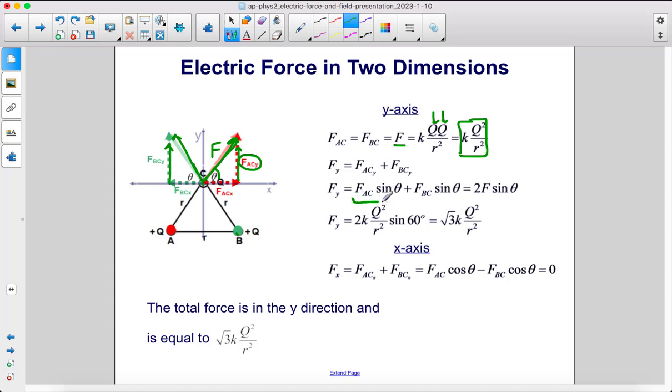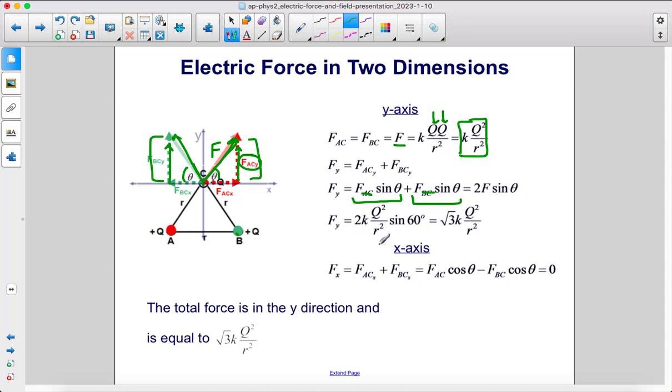So this piece right here is going to be the length of this vector. We do the same thing for the other force. So F_BC is the hypotenuse here times sine of this angle, which gives us F_BCy right there. And these are both just F. We can eliminate these subscripts, and we see we have F sine theta plus F sine theta. That's just 2 F sine theta.